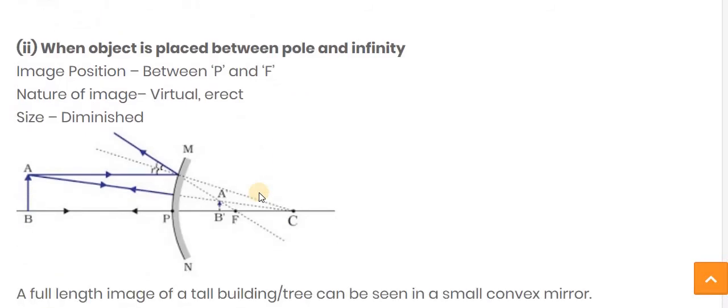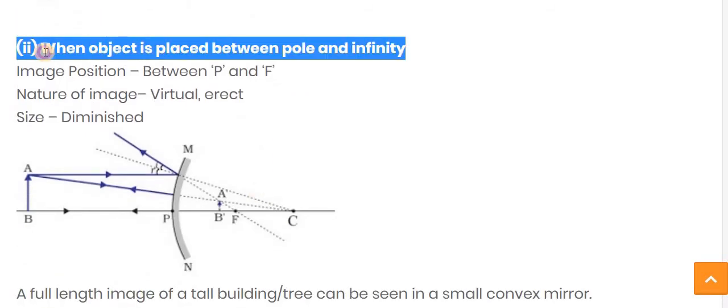The next condition, when the object is placed between the pole and infinity, meaning we have to keep our object between the P and infinity. Suppose we are keeping our object over here. The one ray that is parallel to the principal axis goes in the same direction, but behind the mirror it passes through the F. And the second one, which is directed through the C, is reflected back along the same pathway.